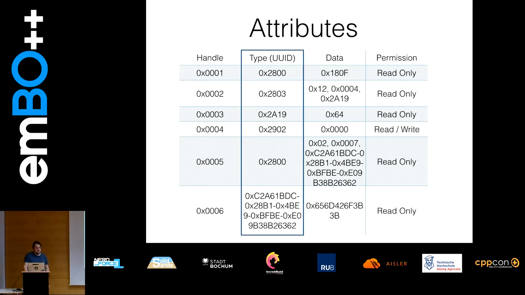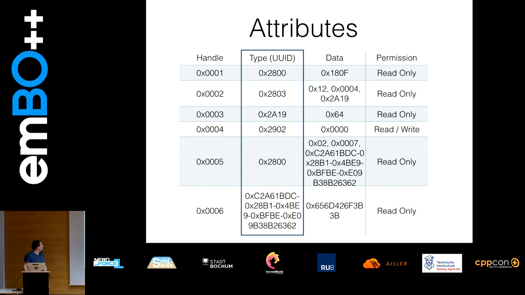The next column is the type. This is a UUID, typically a 16-bit UUID, but there are occasions where you have 128-bit UUIDs. These types identify how you have to interpret the data in the third column.